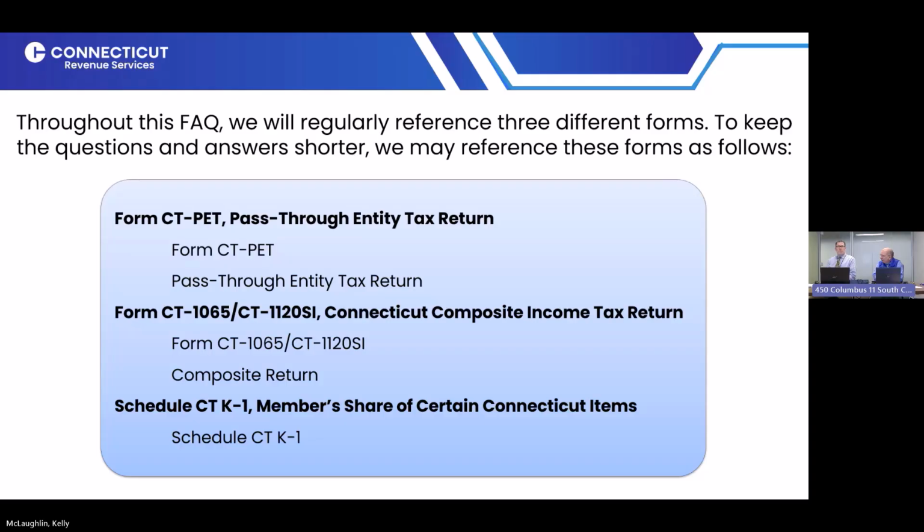That's important to note because in past years, the pass-through entity return had that similar form name. So that's a big change. If we refer to the composite return, we will think of the CT 1065, CT 1120 SI. And then lastly, the schedule CTK1, the member's share of certain Connecticut items. I believe everyone would be familiar with the CTK1 already.